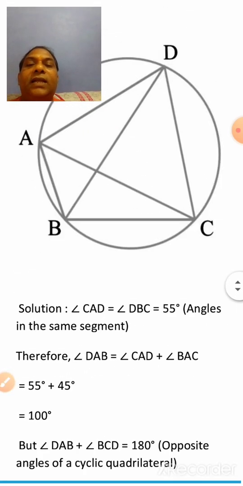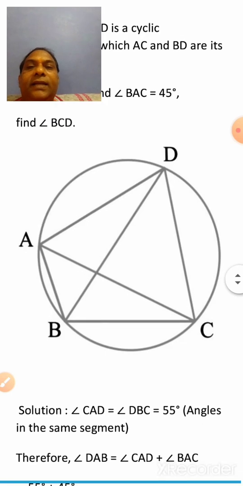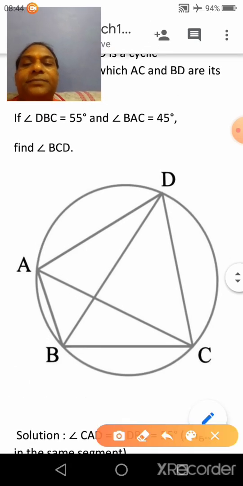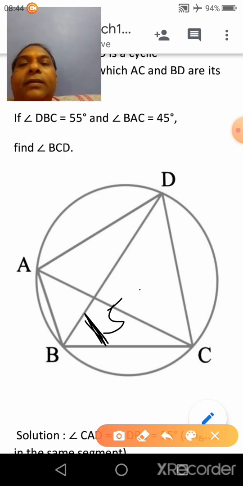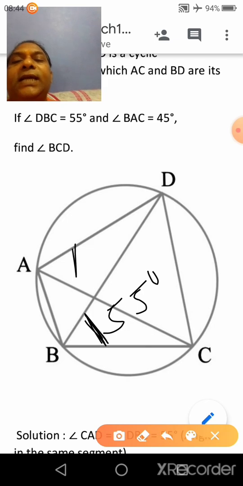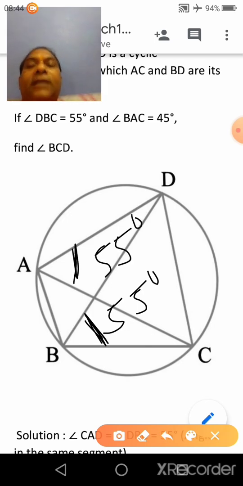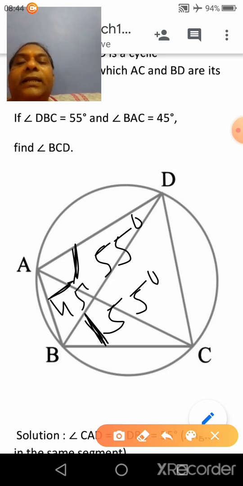Clear? See it again. Here angle DBC, this angle is given as 55 degrees. So this angle will also be 55 because angles in the same segment. And angle BAC, this angle, is given as 45 degrees. Clear?